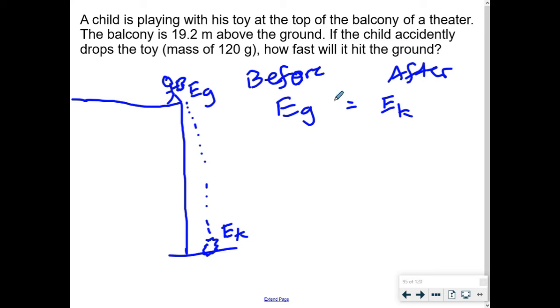So once you get more familiar with change in height... Building ourselves a formula, the potential energy here will turn into kinetic energy here. As one goes down, the other kind of goes up.